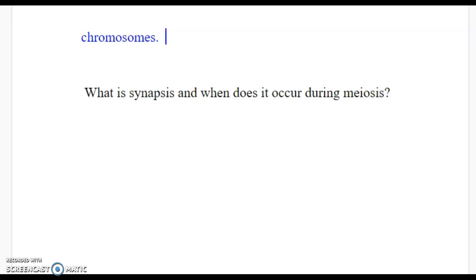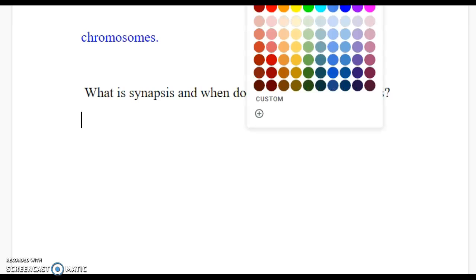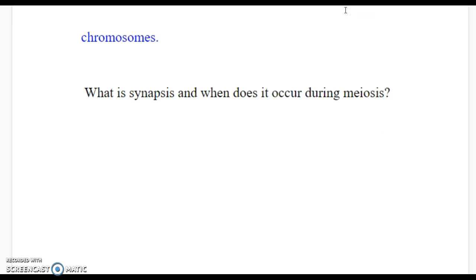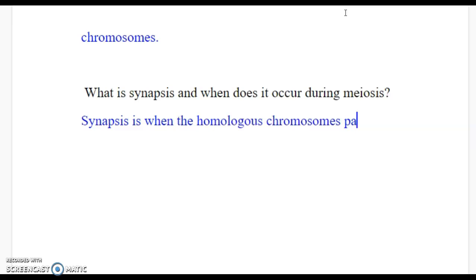And the next is, what is synapsis and when does it occur during meiosis? Synapsis is when those homologous chromosomes pair up. They pair up and form what's called a tetrad.